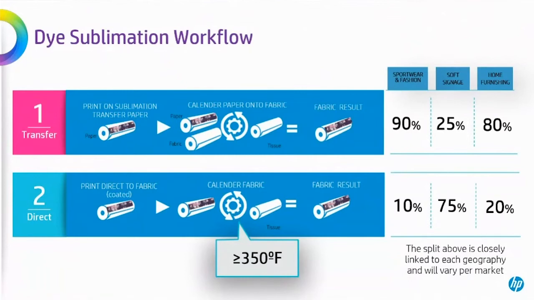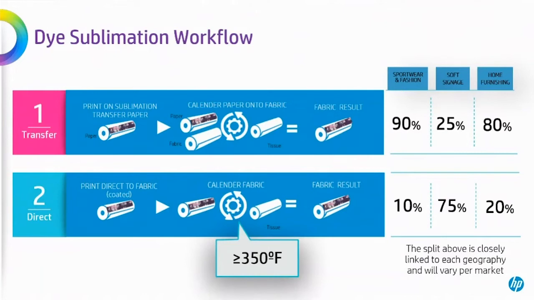So with paper transfer, you print on the paper, you put the paper and the fabric through the heat press or the calendar, and you can use tissue paper, and then the result is the image on the fabric. On the right, I don't want to bore you with numbers, but you can see the difference between direct and transfer in the addressable market.